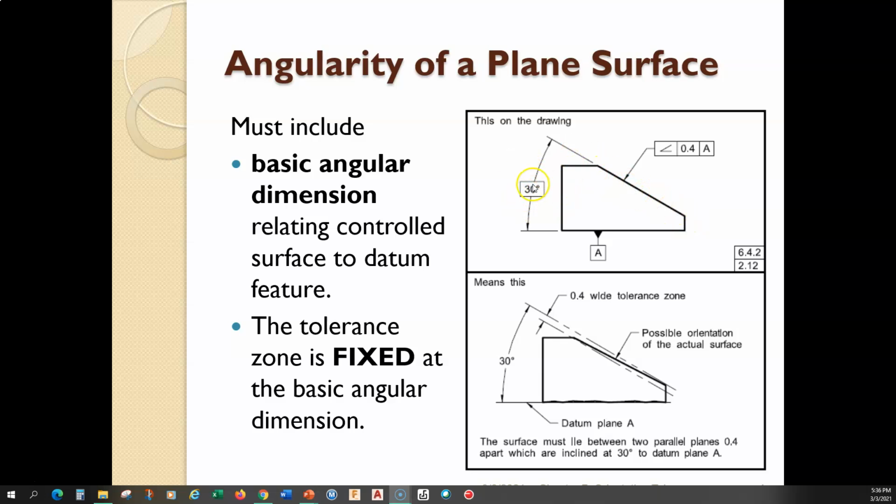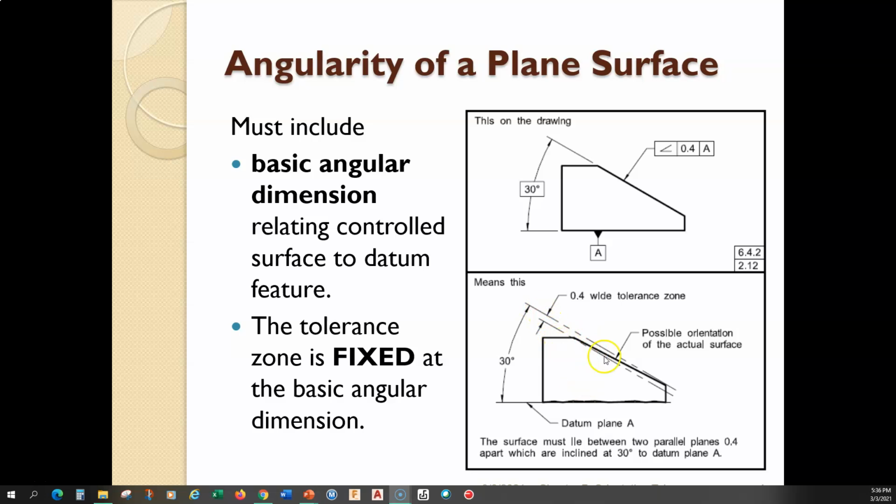So the 30 degrees right here must be a basic dimension because it links the datum A, which is what we're referencing, to the surface that we're controlling. The tolerance zone in this case, down in the bottom figure, is the interpretation drawing. Hint, hint. You'll see that in some of the questions in the book, the interpretation drawing.